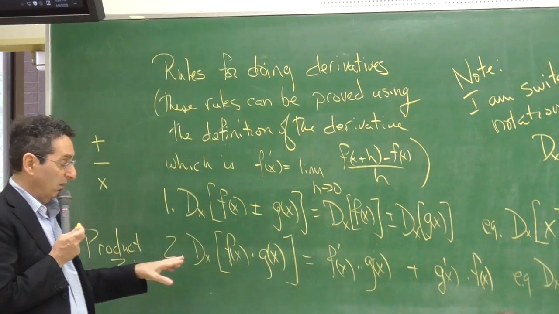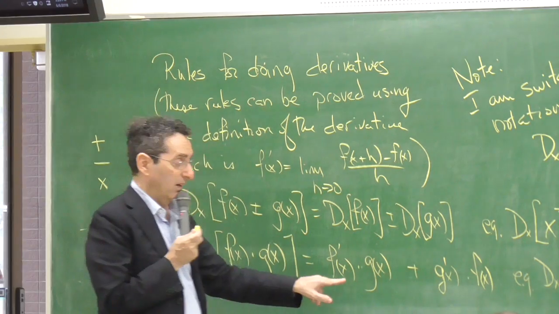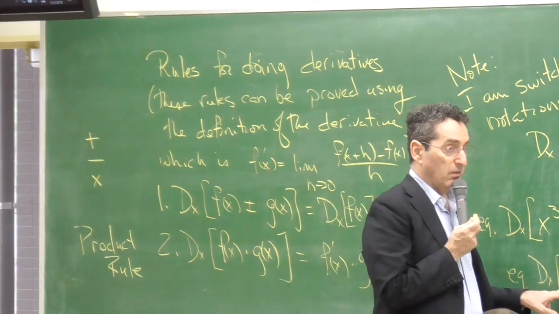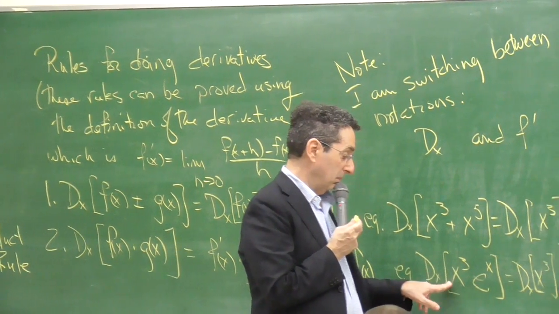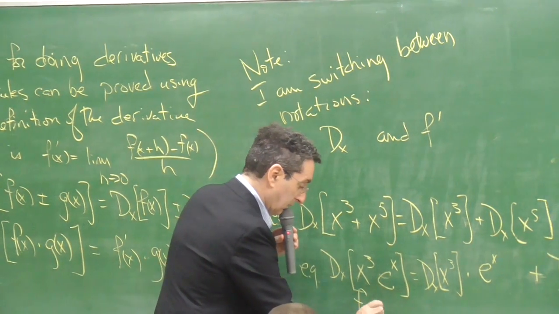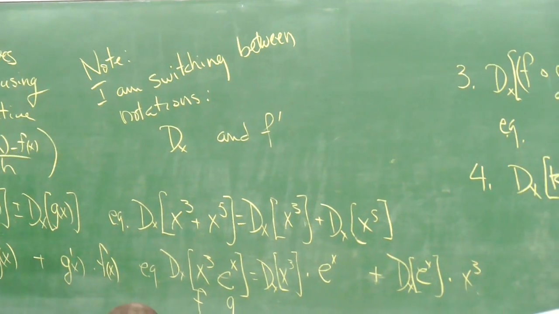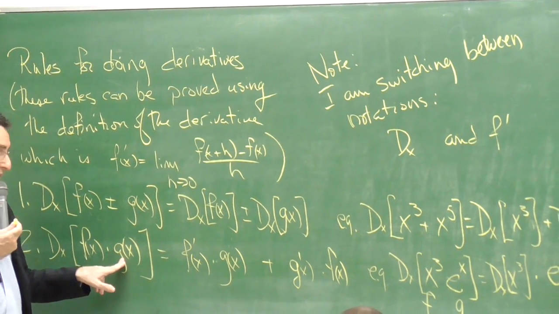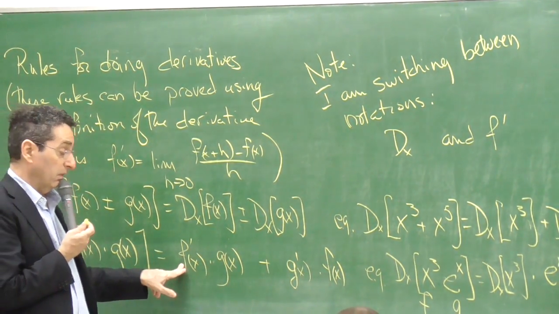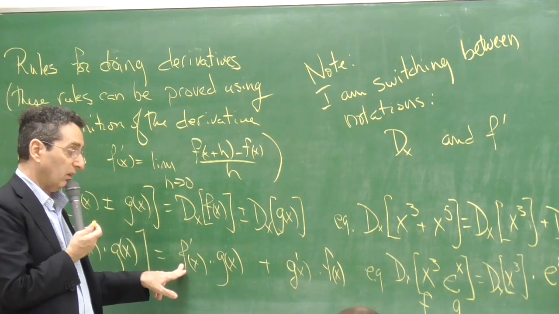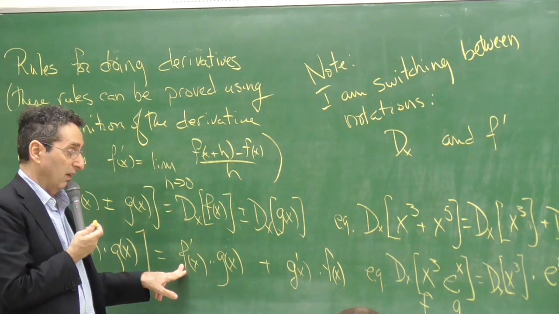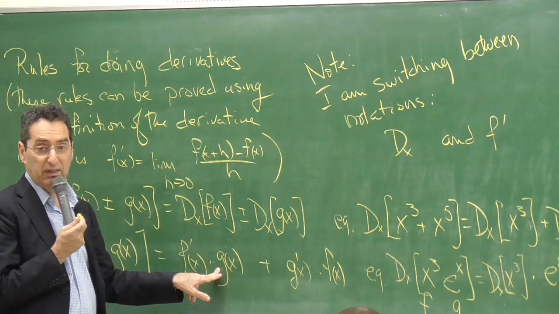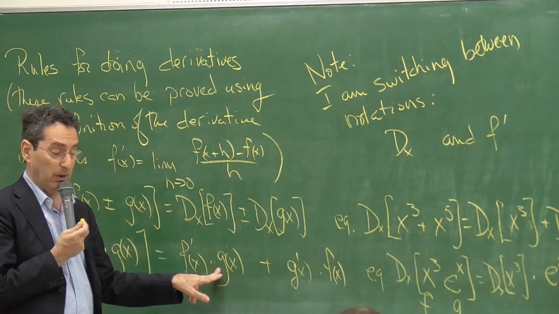And the answer is this. In an example, here we have one function times another, so this might be f, and this might be g. So we have the derivative of an f times a g, and the rule says you take the derivative of the first one, of f, and multiply it by just the non-derivative of g, the second one.